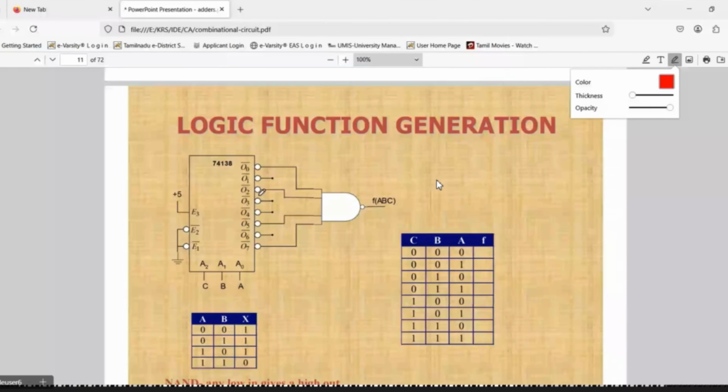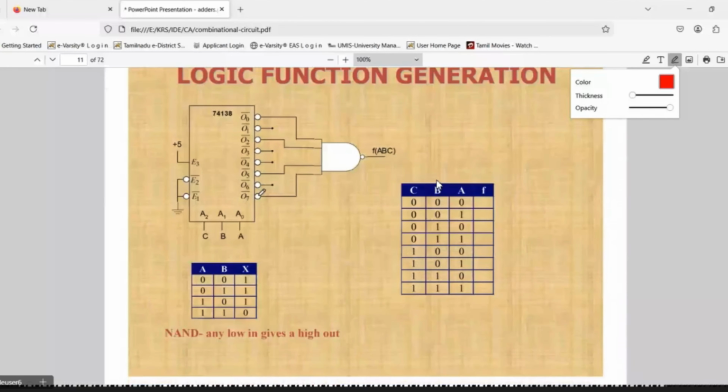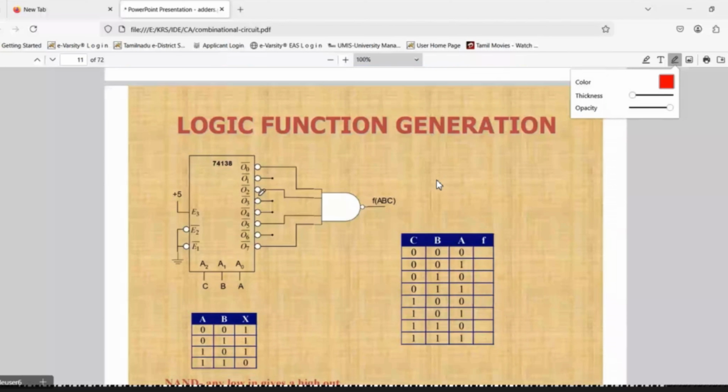This is the logic diagram of the 1 by 8 demultiplexer.